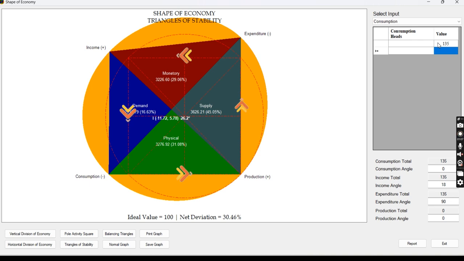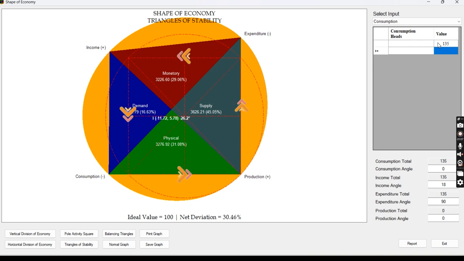Now, if you find there is a growth of 30% in net deviation that I have already explained to you, it is due to increase in activity of consumption. Now the consumption activity has to affect the availability of productive activities.